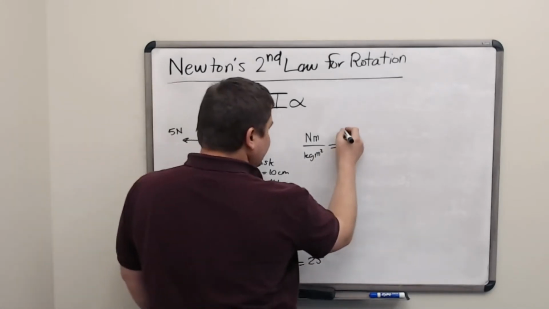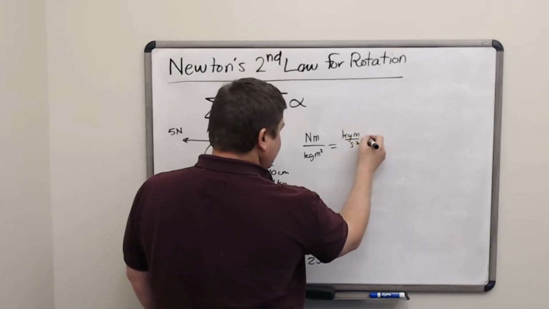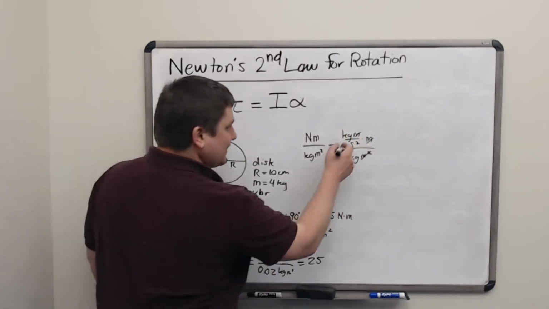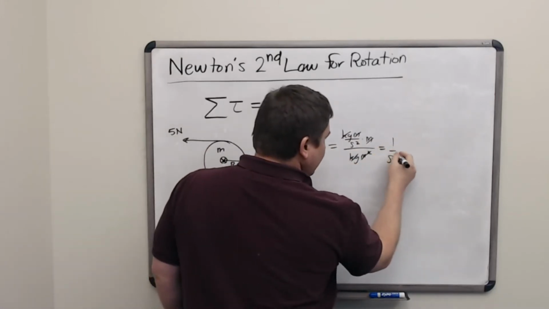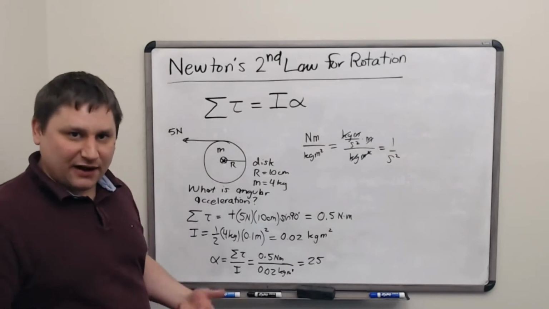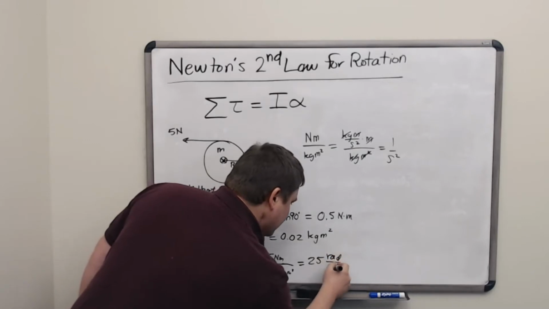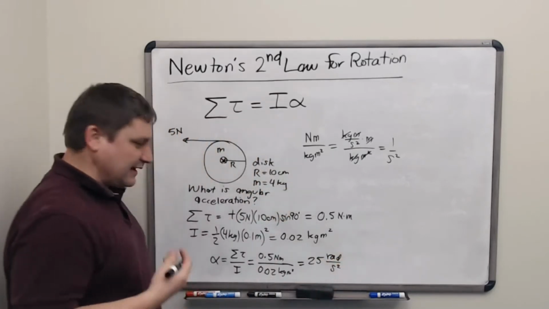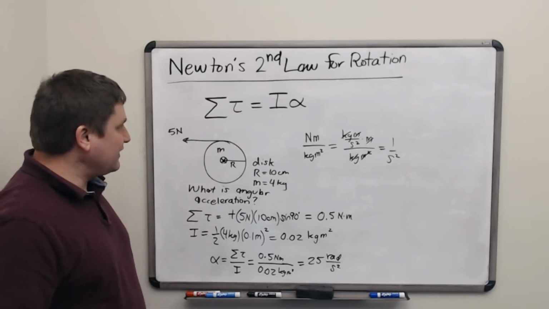So a Newton is equal to a kilogram meter per second squared. Okay, so then the kilograms cancels, and we get 1 over second squared. And since we're dealing with angular quantities, we know we can always replace 1 by radians. So what we get here is 25 radians per second per second. That's an angular acceleration, and that would be the angular acceleration of this disk.